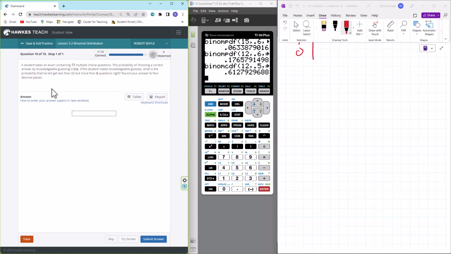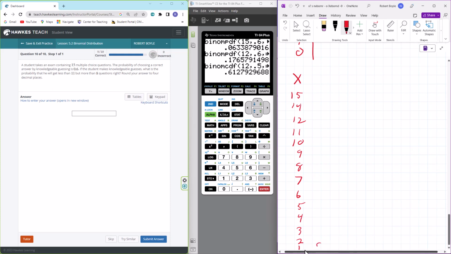Okay, so X can take on the values 15, 14, 13, 12, 11, 10, 9, 8, 7, 6, 5, 4, 3, 2, 1, and I'm going to put the 0 over here. So we want to know the probability that he will get less than 11.